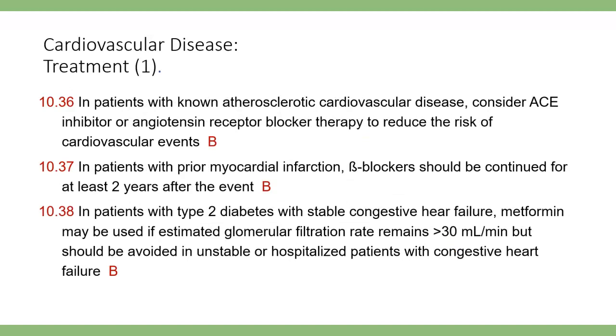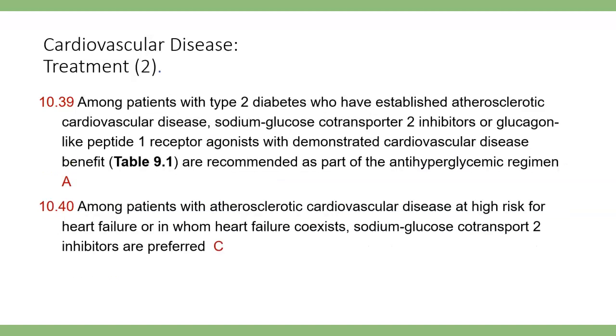Anyone with atherosclerotic cardiovascular disease, ACE or ARBs are recommended to reduce cardiovascular events. And those with prior MI, beta blockers should be continued for at least 2 years after the event. And patients with type 2 with stable heart failure, metformin can be used if the GFR is greater than 30, but don't give it to anybody with congestive heart failure if they're unstable.